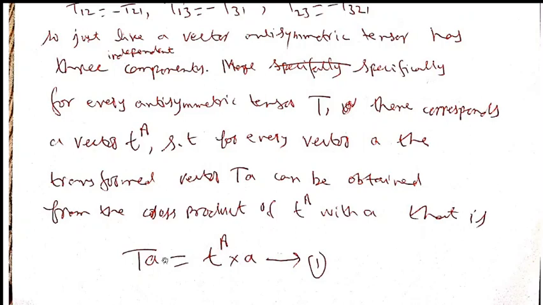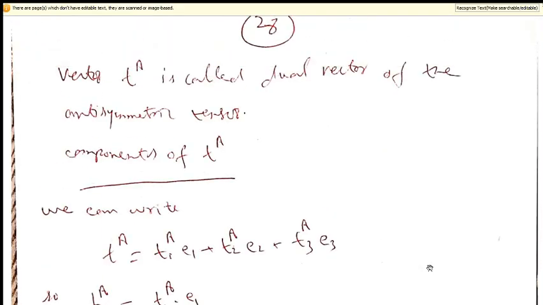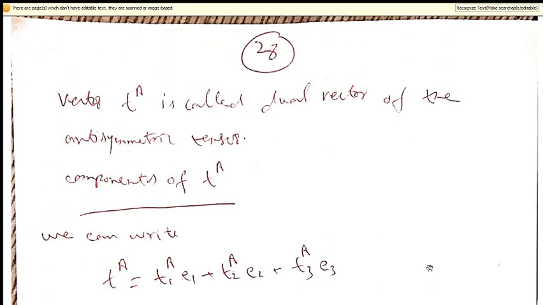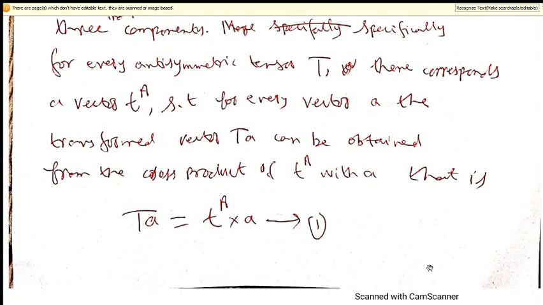The result will be the same as when you transform A with tensor T. Then we will say that this is the dual vector for tensor T. The vector TA is called the dual vector of the anti-symmetric tensor T. You will call any vector TA a dual vector for anti-symmetric tensor T if this equation holds.